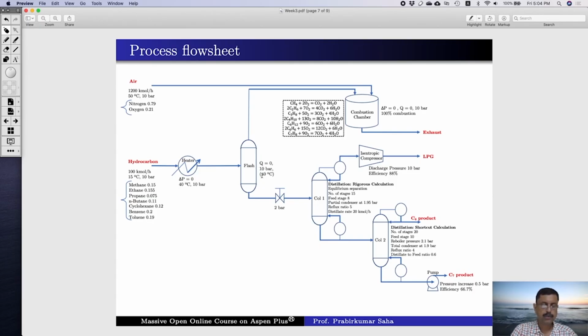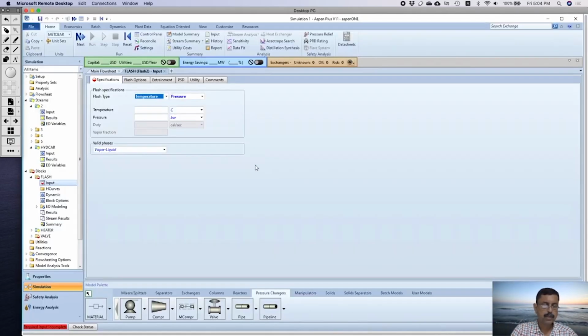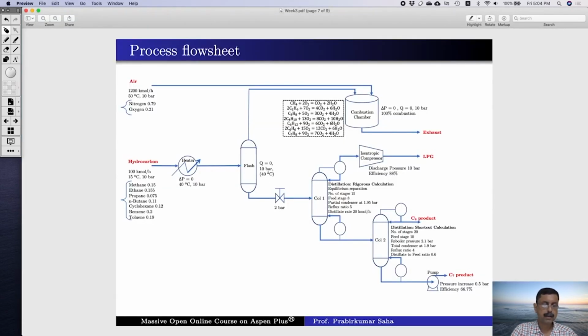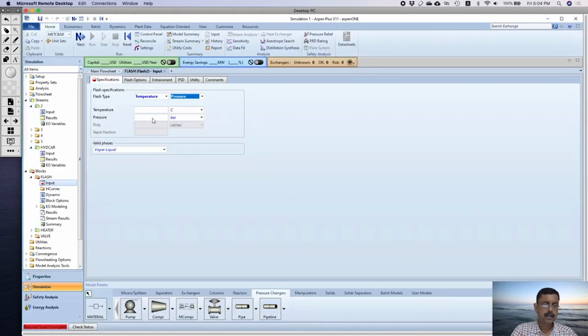Now we have to choose any 2 of them because it is asking any 2 between temperature, duty, vapor fraction, and here between pressure, duty, vapor fraction. So we shall choose these 2, that is Q is equal to 0 and 10 bar. So we will choose heater duty which is 0 and pressure is 10. Then it is blue ticked.